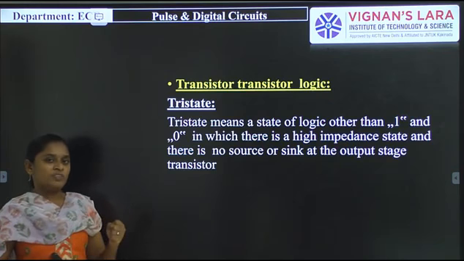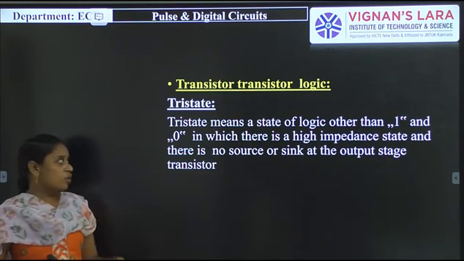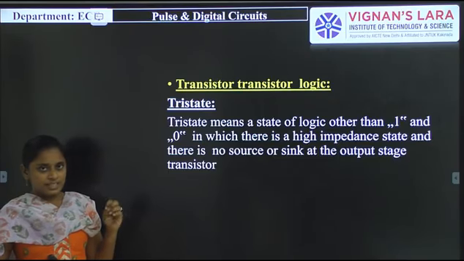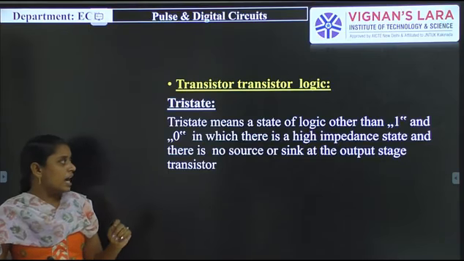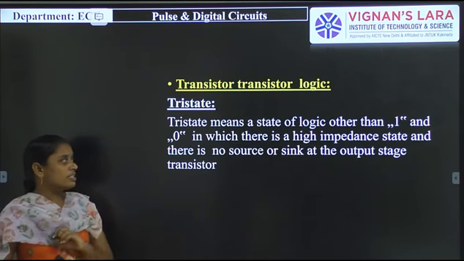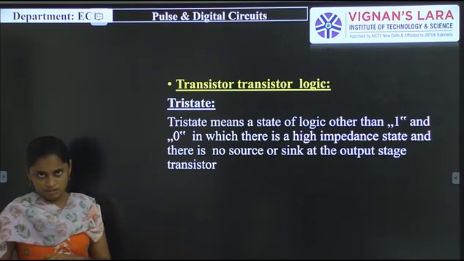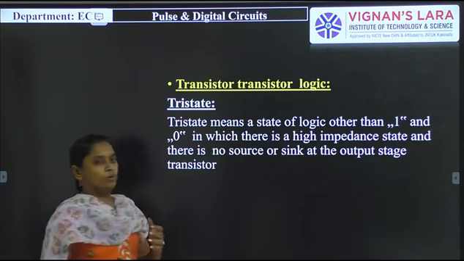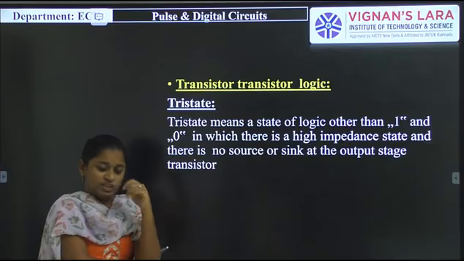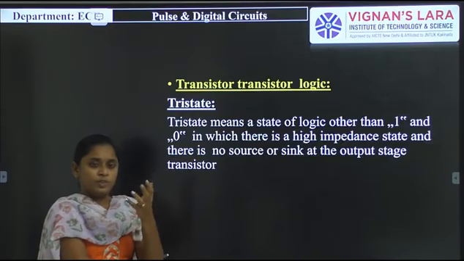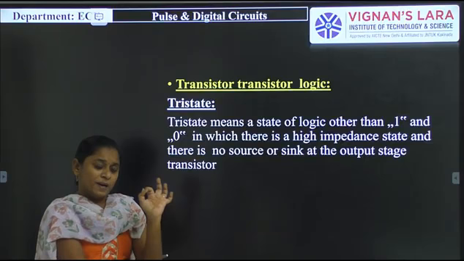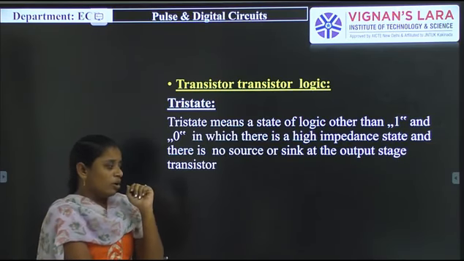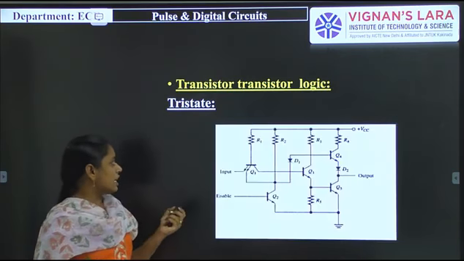There is no source and no sink at the output stage of the transistor, so the output is neither a 1 nor a 0. This particular state is known as the high impedance state.